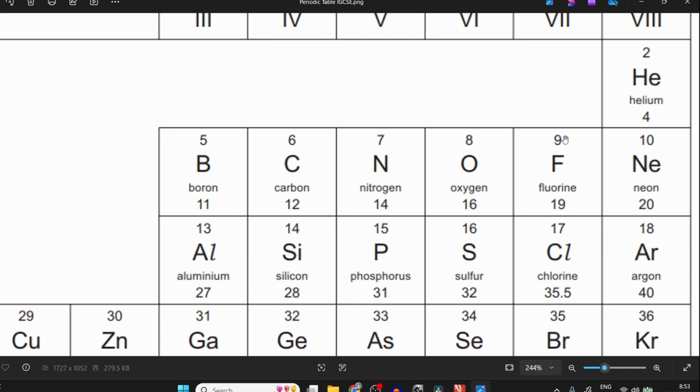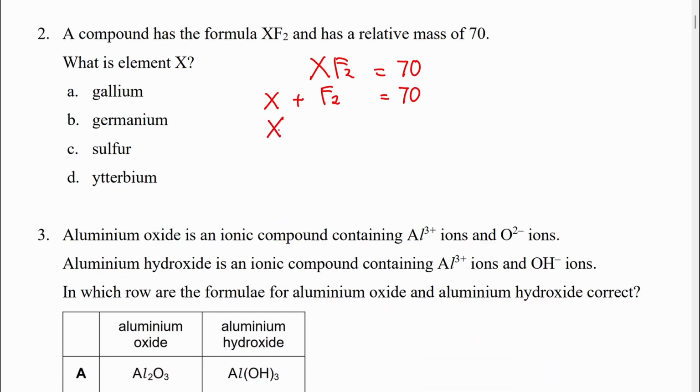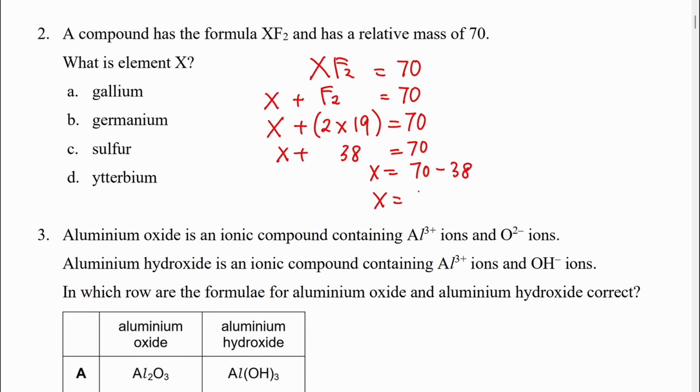And this is the atomic number or proton number, okay? So X plus 2 times 19, because we have 2 fluorine in here, equals 70. X plus 38 equals 70. So X equals 70 minus 38, so X equals 32.